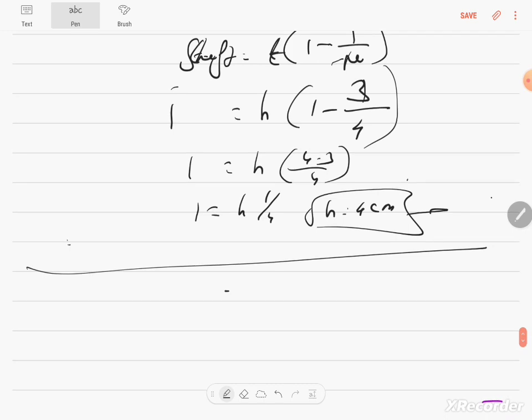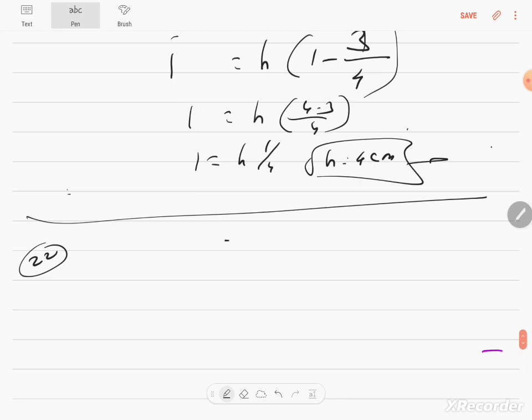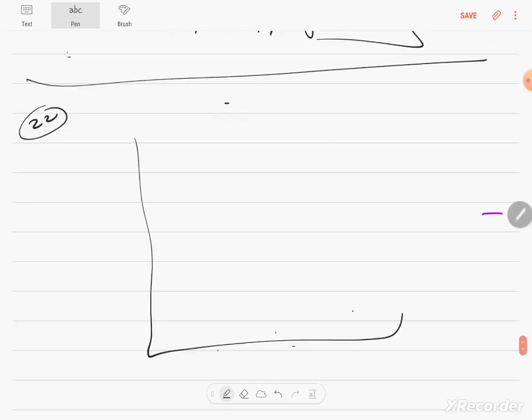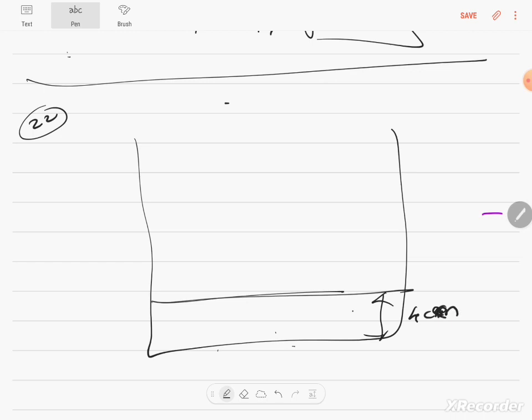The next question is the 22nd example, wherein the bottom of the container is a 4 centimeter thick glass slab. So you draw a container in which there is a glass slab of thickness 4 centimeter, which means according to us the depth of that glass slab itself is 4 centimeter. That refractive index you know is 1.5.